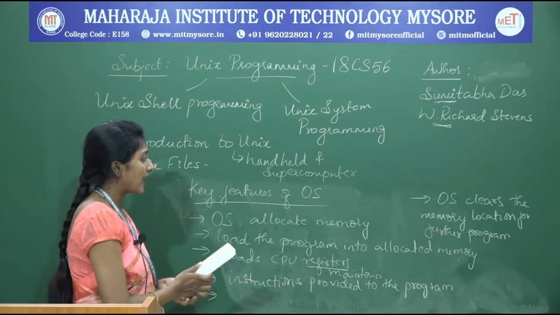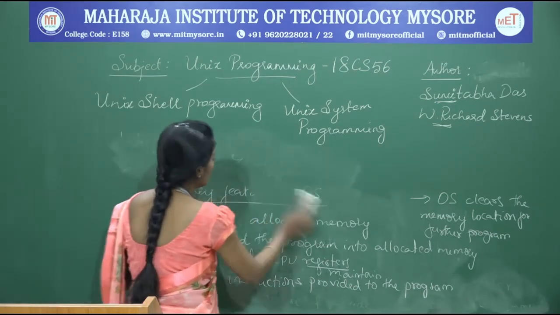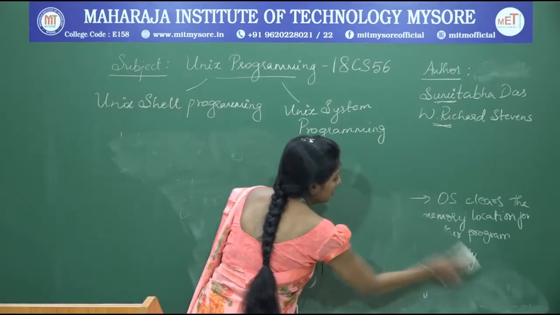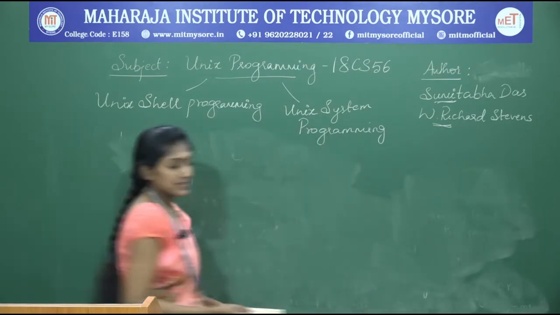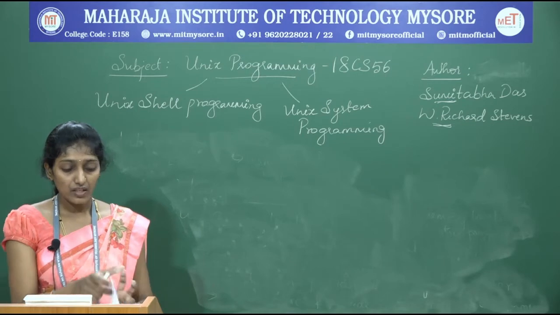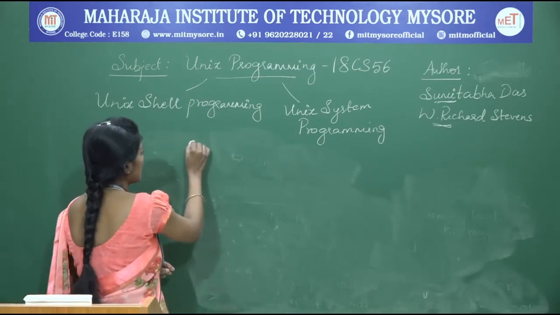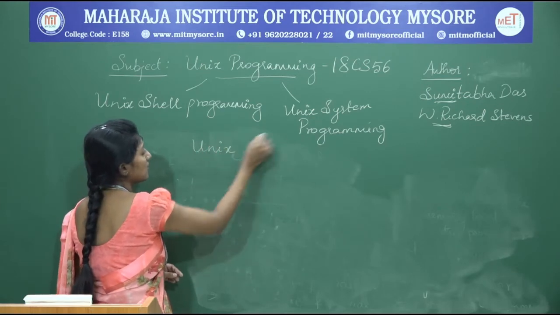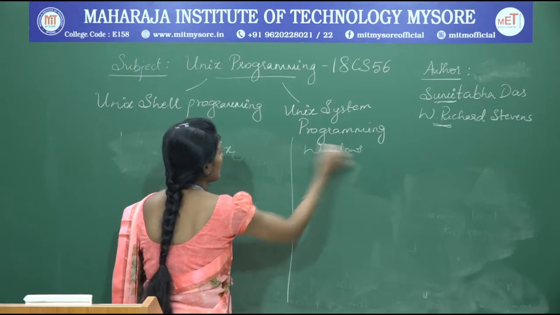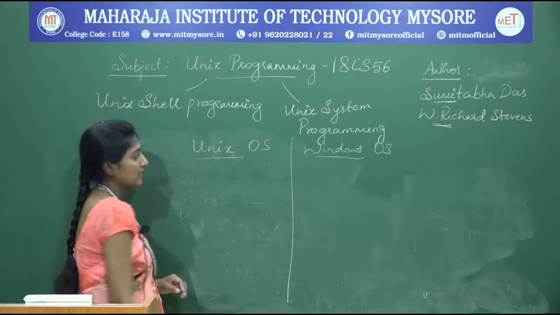So, let me discuss a few basic differences by providing key features of Unix and Windows. Let me consider two partitions, one with a Unix operating system and another with a Windows operating system.